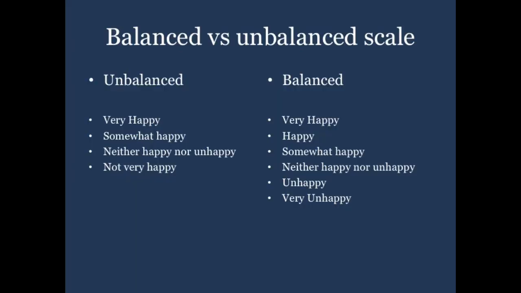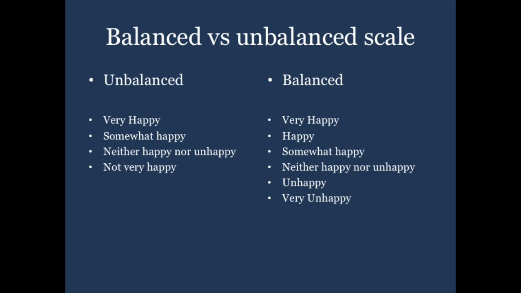Let me give you an example. Here on the left, you have an unbalanced item. It goes from very happy, somewhat happy, neither happy nor unhappy, to not very happy. First of all, the opposite of very happy is not very happy. Look on the right on the other side.